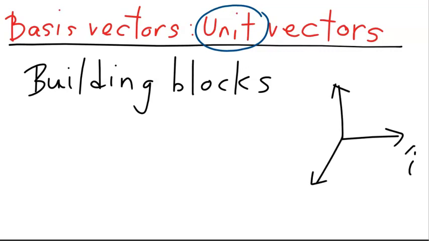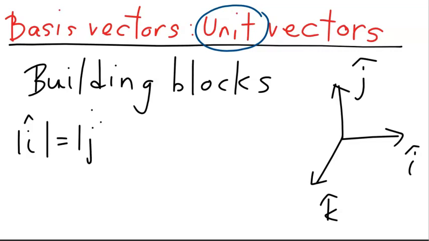I hat, a unit vector along the x-axis, j hat, the unit vector along the y-axis, and k hat, unit vector along the z-axis. Now, they are called unit vectors because their magnitudes are all 1.